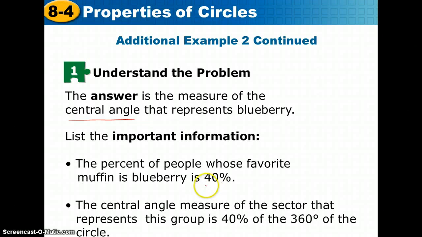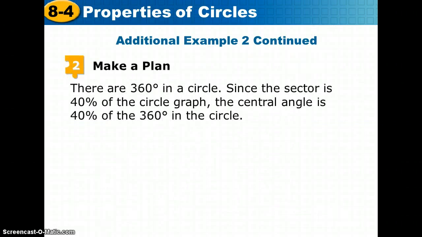So we know that the percent of people who like it is 40%, and an important thing is our circles always equal 360 degrees. So if there are 360 degrees in a circle and we want to know 40% of 360, that is our key phrase.